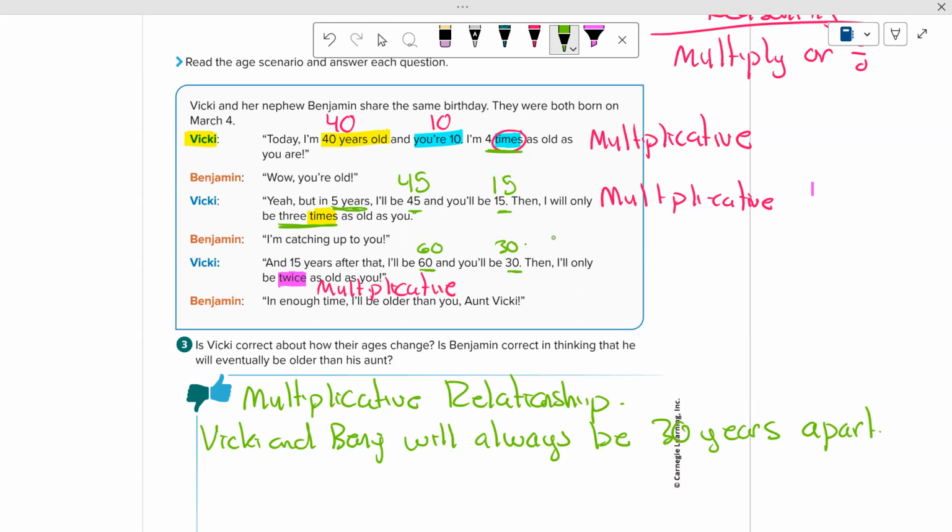As the years go on, that difference will never change. For instance, from 40 to 10 is 30 years difference, I apologize. From 45 to 15 is also a 30-year difference. From 60 to 30 is also a 30-year difference. So that will never change, but it definitely shows a multiplicative type relationship between the two.